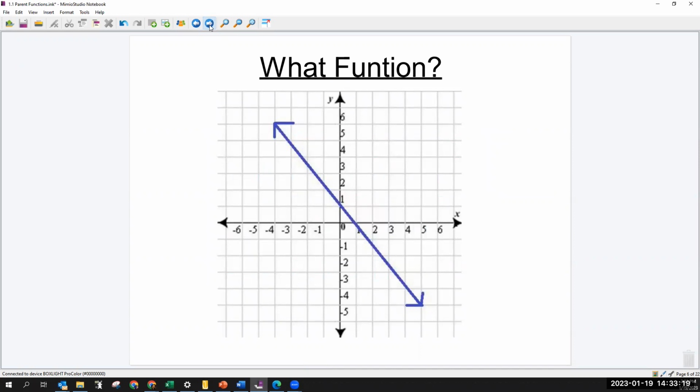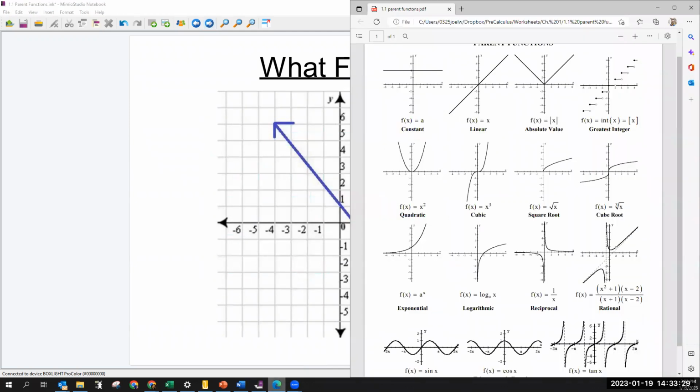So pause the video, write what you think this is, and then we'll go over it. All right, so this one is linear. Now, I know the graph doesn't look exactly the same. This one's been transformed, but the parent function is linear, which is f of x equals x or y equals x.